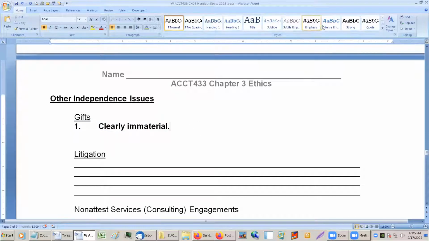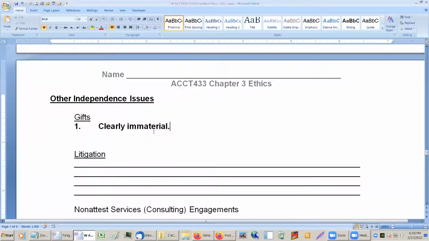And this goes for them giving you gifts or receiving gifts. So they should be clearly immaterial. Now they don't really go by the IRS guidelines, and the IRS will give a dollar amount. I forget what it is, $40 or something. But anyway, it's just that they must be immaterial. In other words, they wouldn't be enough to make a rational person become biased.